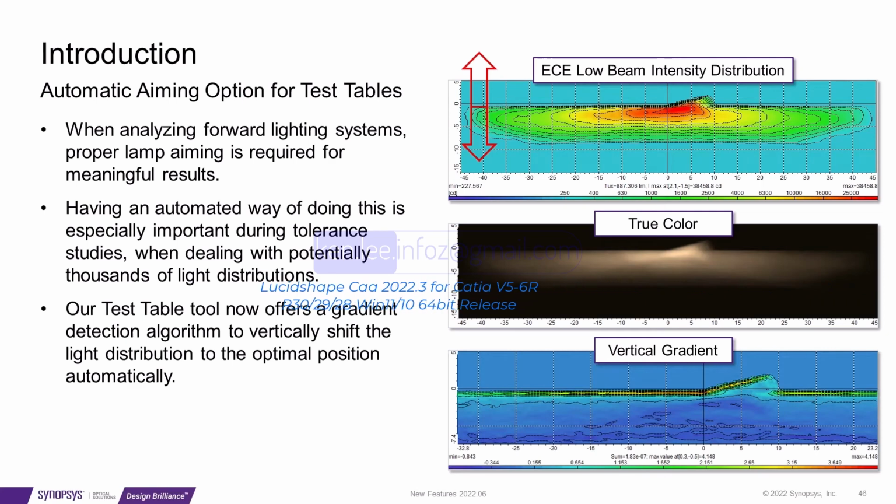Our test table tool now offers a gradient detection algorithm to vertically shift the light distribution to the optimal position automatically. To the right, we see an example intensity distribution of an ECE low beam in false color and in true color mode. The arrows indicate how the algorithm would shift the light distribution.